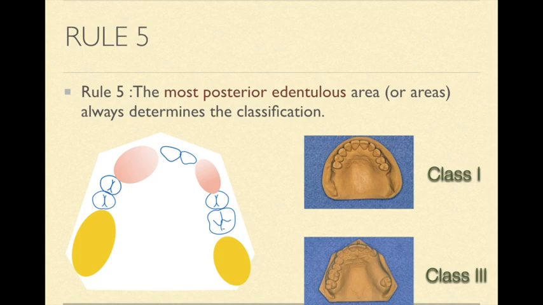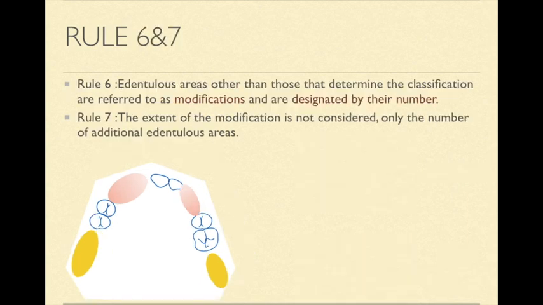So for example, remember the case I showed you. These complicated cases actually have four edentulous areas. So following Rule 5, we use the most posterior edentulous areas to determine the classification. That will be the yellow one. As you can see, this will be called Class 1 first. This will not be called Class 3 because we use the most posterior edentulous area to determine the classification.